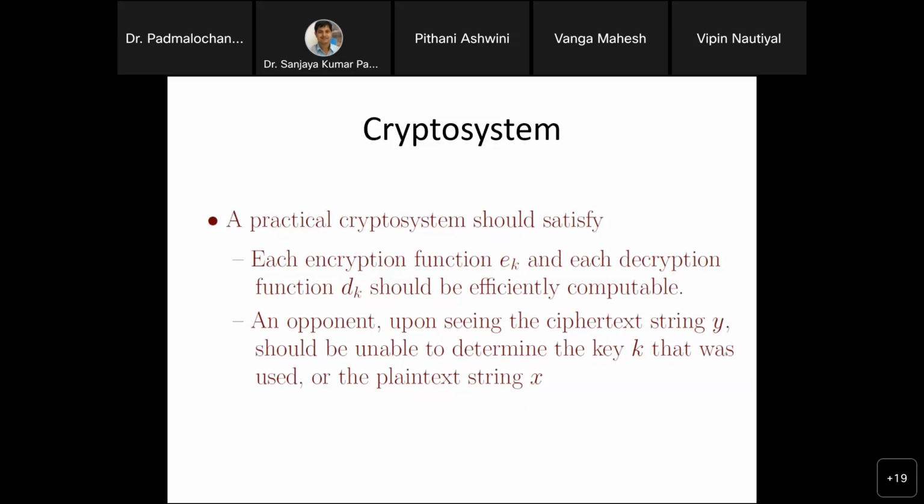Now for merging, what are you supposed to do? File 1 is supposed to be decrypted to the corresponding plain text, file 2 also is supposed to be decrypted to the corresponding plain text, and only then can these two files be merged. So if you want to perform computations on ciphertext, you require decryptions of the large files, and that is a costly operation.